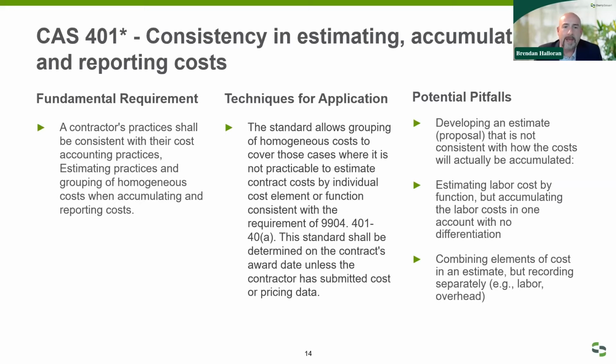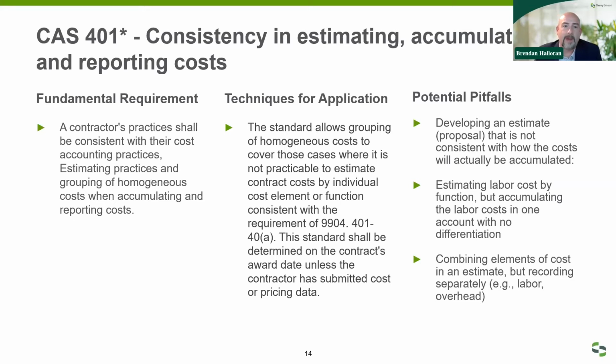So again, we won't go through all of the techniques for application. There's a lot of great detail if anyone wants to focus on one and really read through the detail provided with each CAS standard, but the key here is that what you're doing for proposal purposes, whether it's for a new award, or if you're looking at something, it could be repricing something on an existing contract, any of those instances, it really does need to flow through with what you're doing for accounting purposes and accumulation.